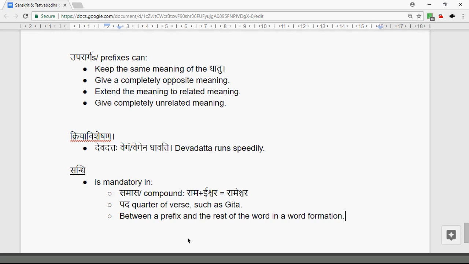Let's say the example would be sam plus sarga. Sam, the makara, will become anuswara.